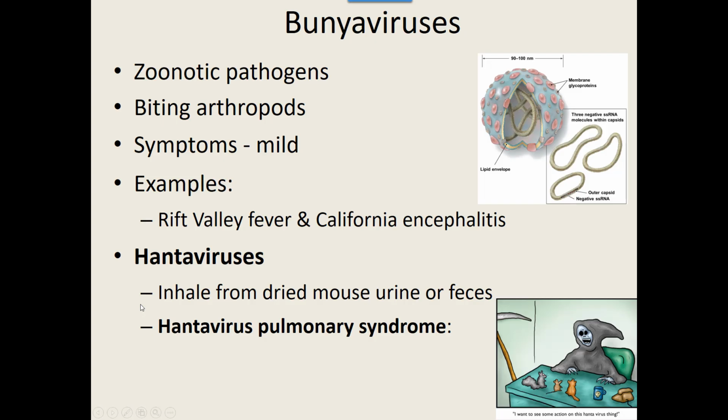And another one that's not spread by arthropods, instead we inhale it from dried mouse urine or feces, are hantaviruses. They cause what's known as hantavirus pulmonary syndrome. It causes a pneumonia, and depending on the health of the individual, it could be a fatal pneumonia. There are cases of hantavirus around here.